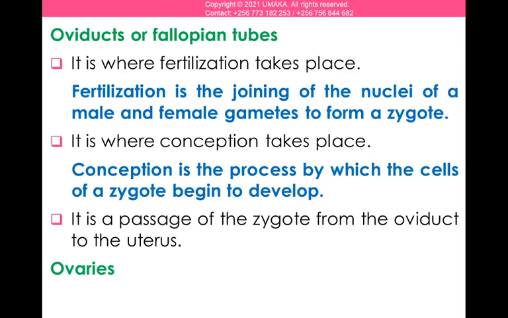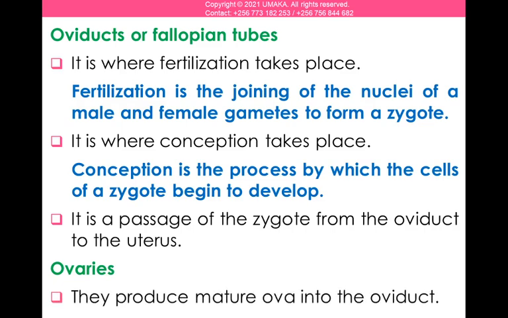Then we have ovaries. There are also 2. We have left ovary and right ovary. Ovaries produce mature ova into the oviduct. The work of the ovaries is to produce mature ova into the oviduct.